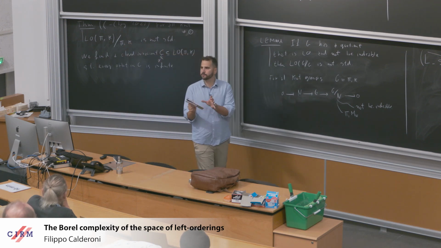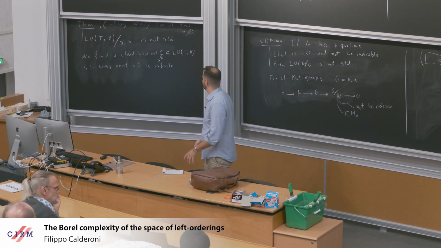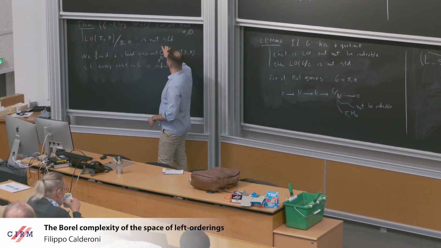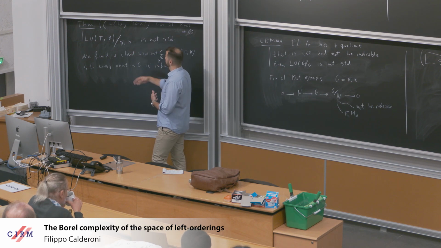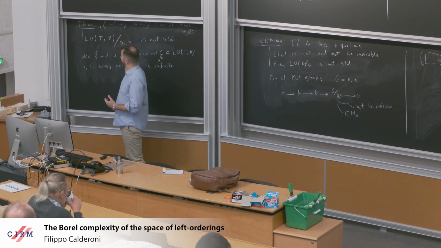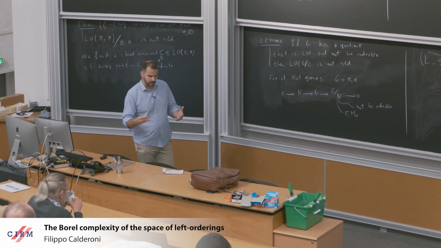So we don't have smoothness if we consider the restriction to this closed subset, and therefore we cannot have smoothness for the orbit equivalence relation defined on the whole space.